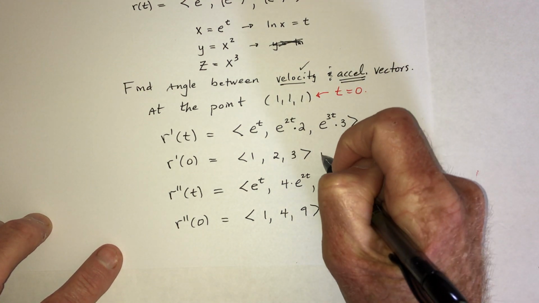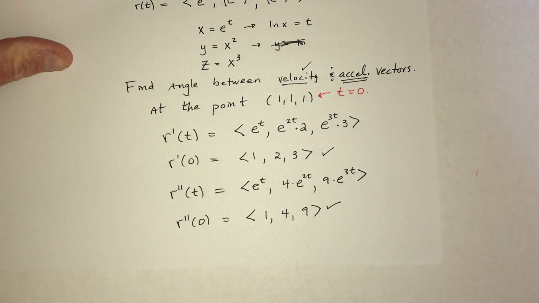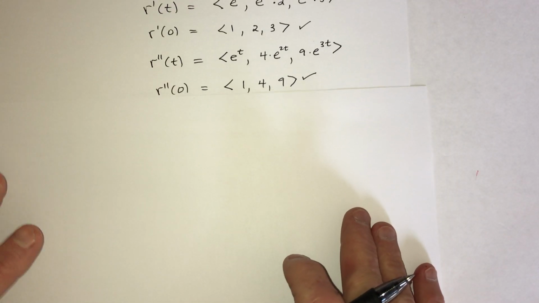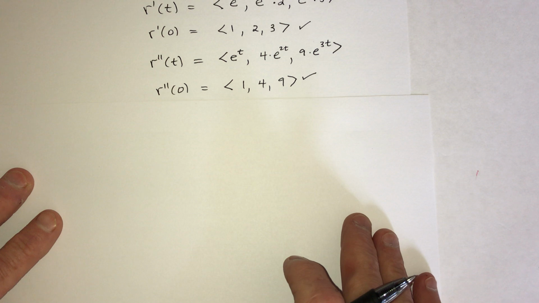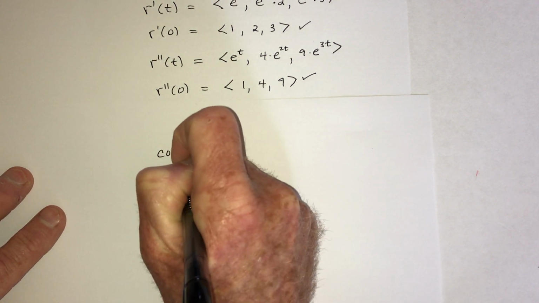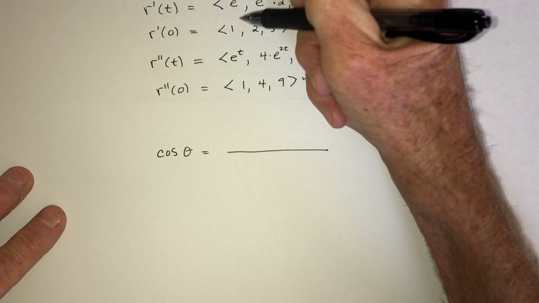Now find the angle between these two vectors. So I'm going to use the formula that says cosine of the angle is equal to, now do the dot product.